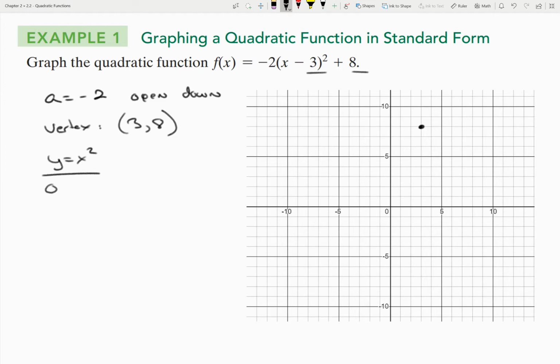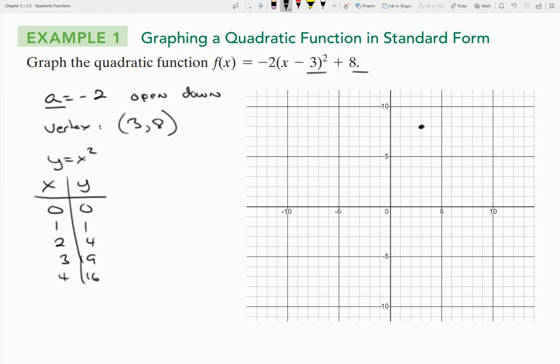Let's go with a better table. At 0, plug in 0, you get 0. 1 gives me 1. 2 would give me 4, 2 squared. 3 squared is 9. And then I could keep going: 4, 16, 5, 25. I could keep making a table of values of my parent function.